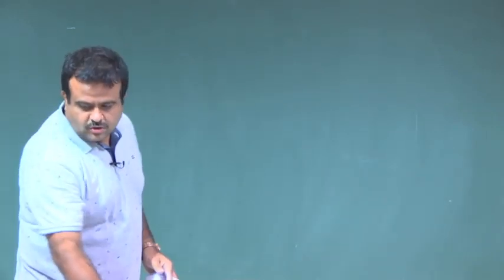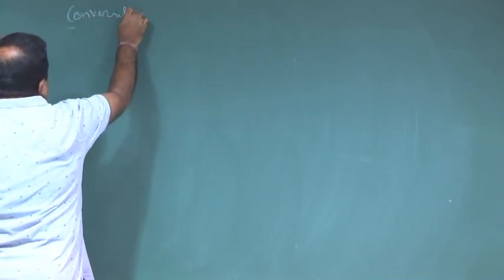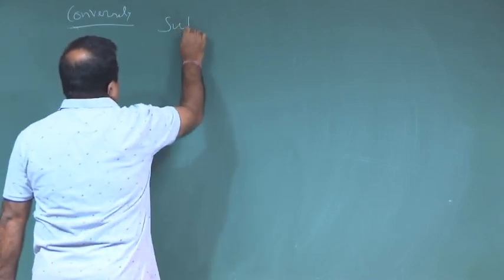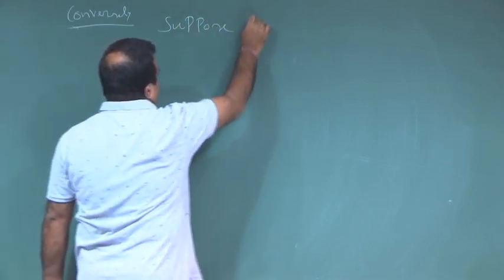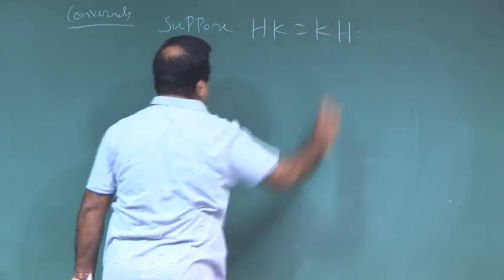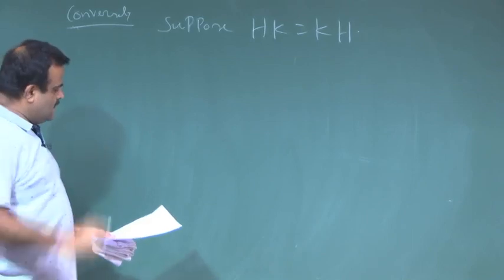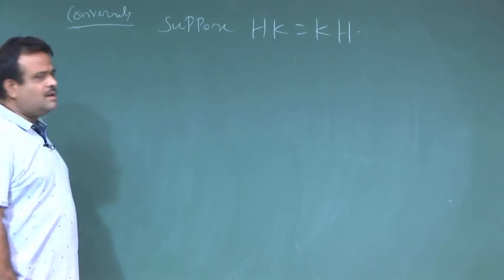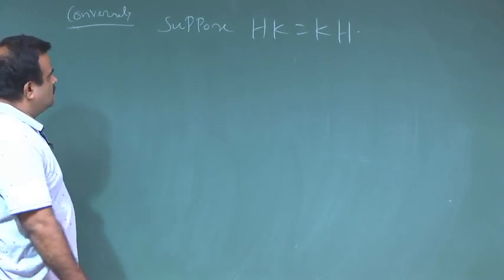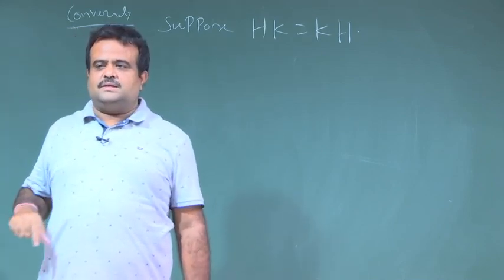Okay, so, to do so, we take the converse, this is the other part of the proof. Suppose these two sets are the same. Now, we want to see whether HK is a group or not. So, for that we will use one of the necessary and sufficient conditions.